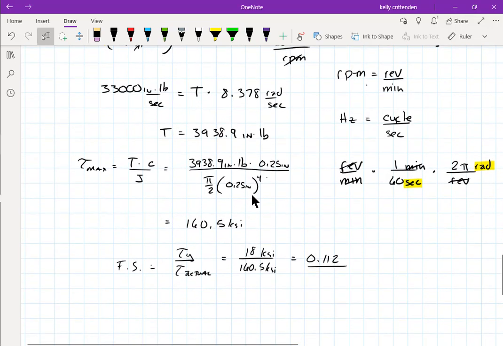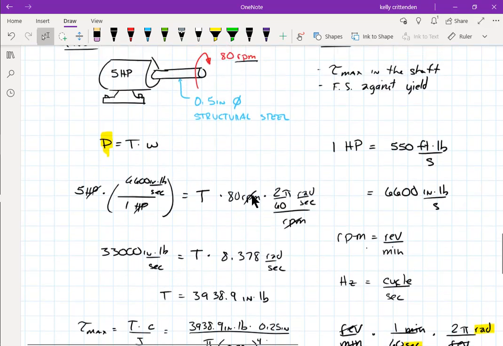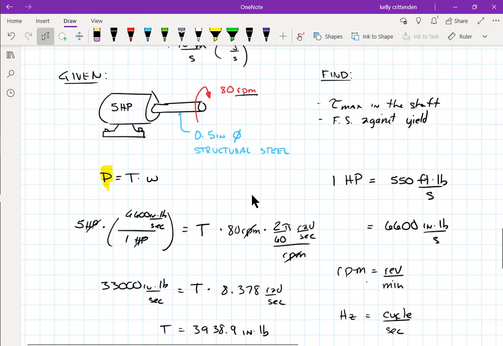All right. So sometimes you'll see these problems as design problems where one of these pieces of information is missing. Here the torque is missing, but it's not really. We just calculate it. But it might be that maybe we don't know the diameter at all and we need to figure out the diameter.